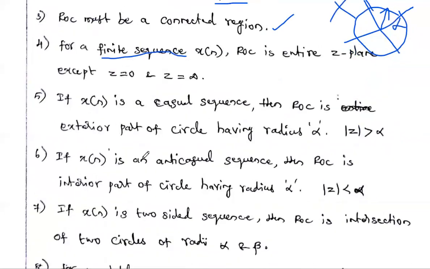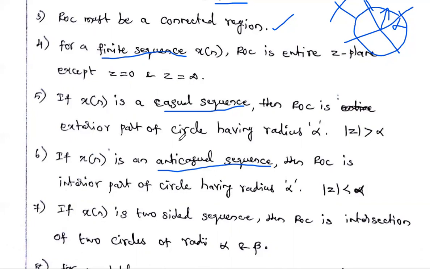Then, if x of n is an anti-causal sequence. What is an anti-causal sequence? Causal means the sequence is only available for the positive time axis. Similarly, anti-causal means the signal is available for the negative time axis. For example, a power n u of minus n, or u of minus n, the folded unit step.